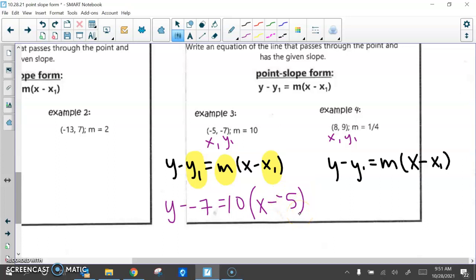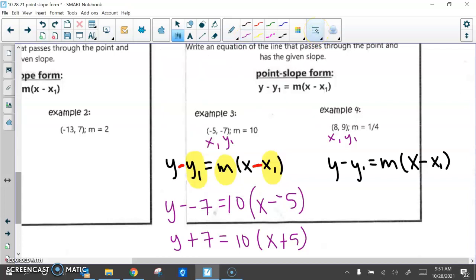So I need to simplify this because there's lots of negatives going on. So y plus 7 equals 10 times x plus 5. Remember, this formula, it's always minus signs between the y's and between the x's. That's never going to change.